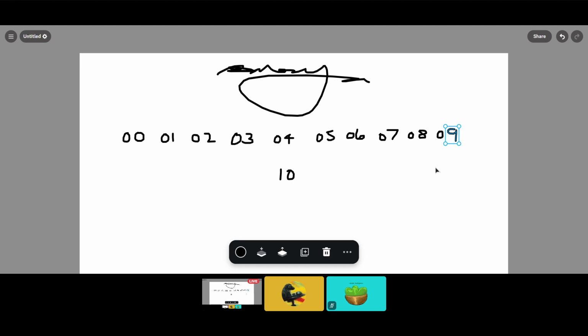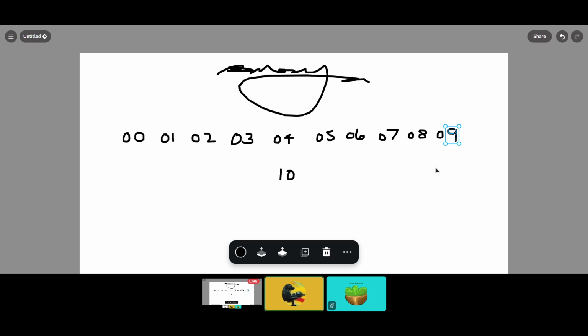So why am I telling you this? I'm just trying to make connections, because binary is a counting system as well. It is actually not so different to our base 10 system that we use today, except that binary is a base 2 counting system.